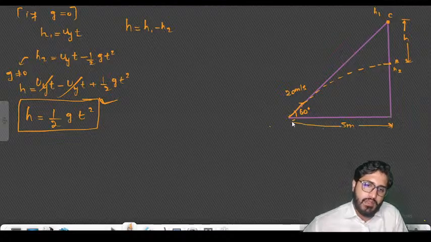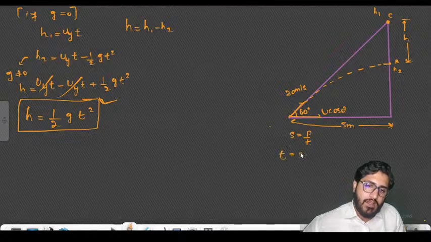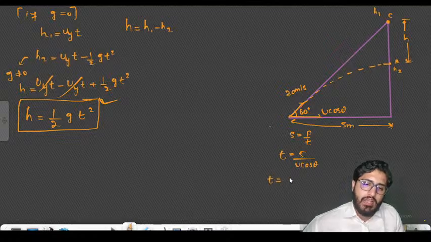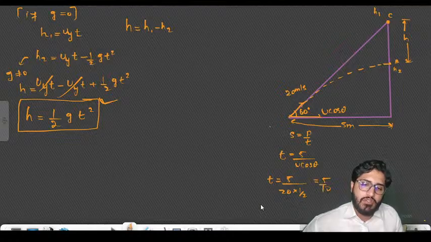Look, is this u cos theta? Yes, sir. So speed equals distance by time. So time is distance 5 meter, speed is u cos theta. 5 is 5, u is 20, and cos 60 is 1 by 2. It came out to be 5 by 10. So my t came out to be 0.5 second.